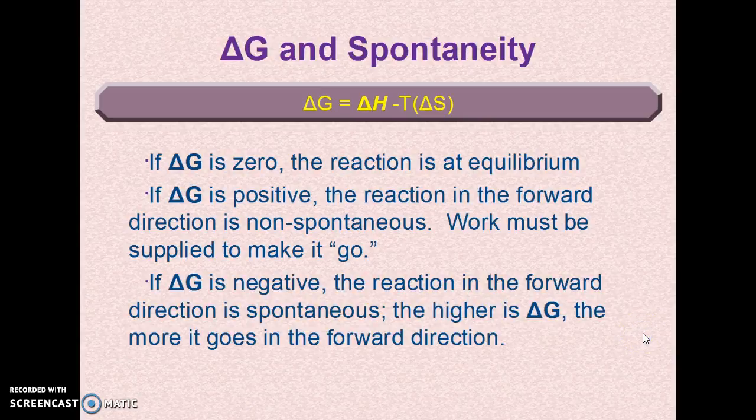If delta G is negative, the reaction in the forward direction is favored. The higher the delta G in terms of the absolute value, the more it goes in the forward direction. So if you had a delta G that was minus 2,000 joules, then it's going to be more likely to go to completion than if it was maybe minus 100 joules.